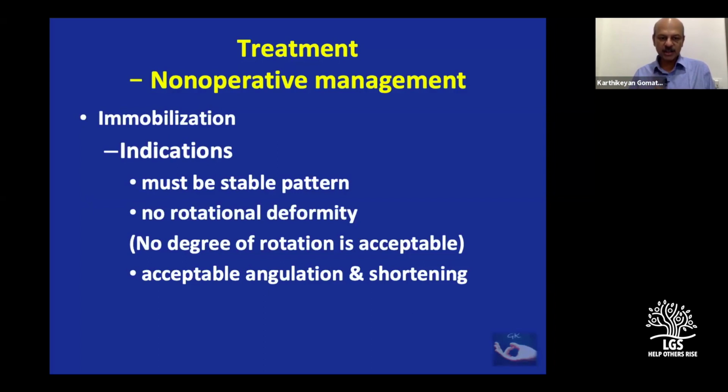And no rotational deformity. There are different types of deformity. You can have angulation, you can have shortening, and angulation and shortening can be accepted up to a certain degree. But rotational deformity, even a single degree, cannot be accepted. It must go in for fixation.